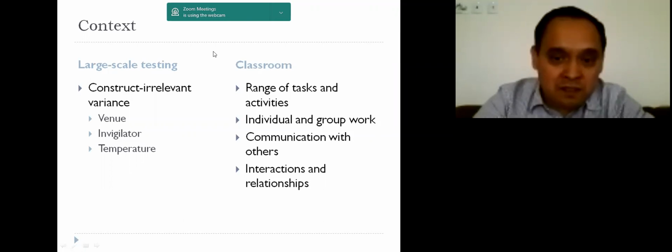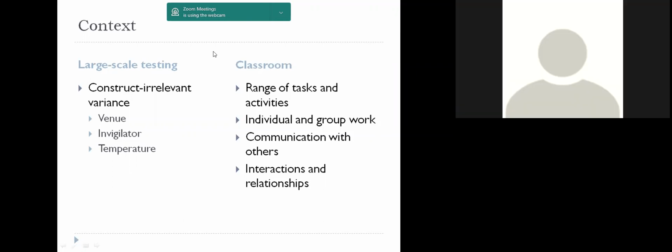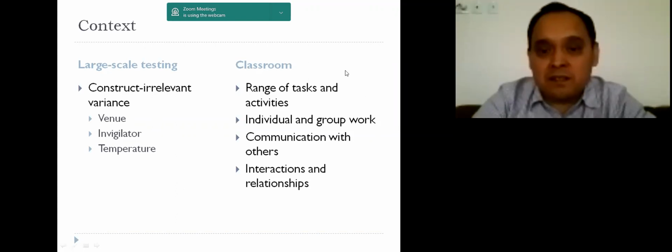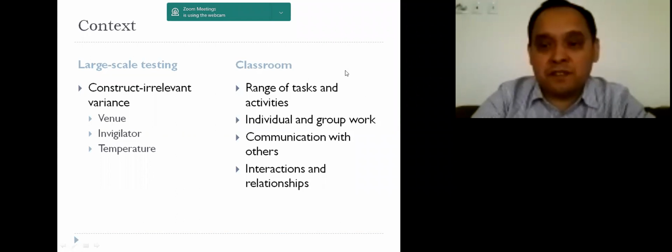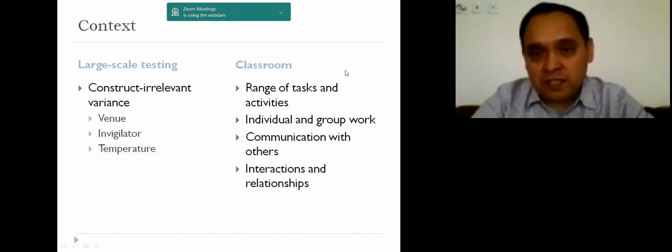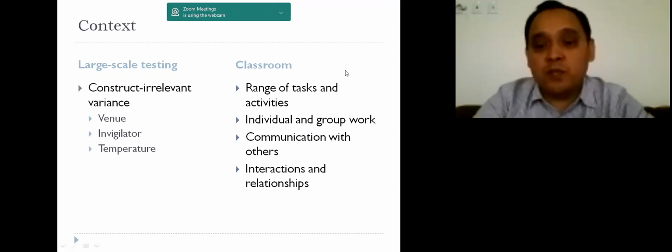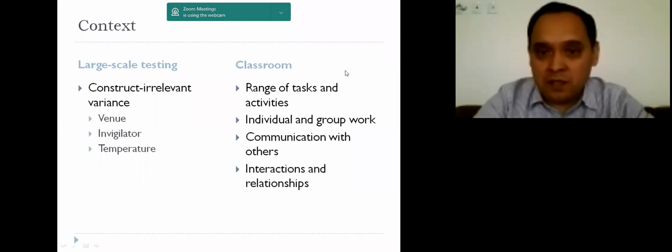So the mode of interaction is different, and also in our classroom, students communicate with each other based on which we assess their learning and decide what we need to do next in the next lesson.